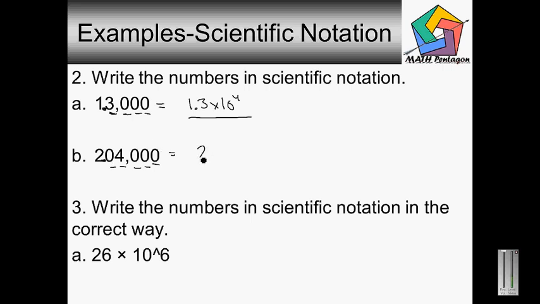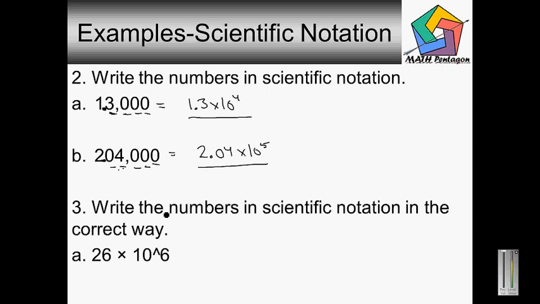So it would be 2.04 times 10 to the 5th power. As you can see, we have 5 places, 1, 2, 3, 4, 5. So 10 to the 5th power. So it would be 2.04 times 10 to the 5th power as our final answer.